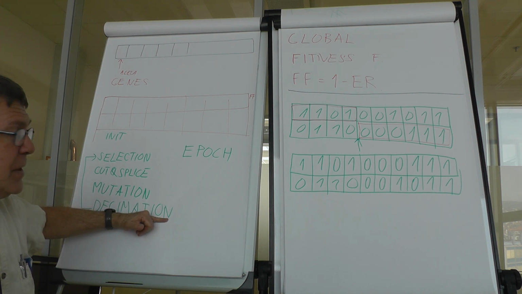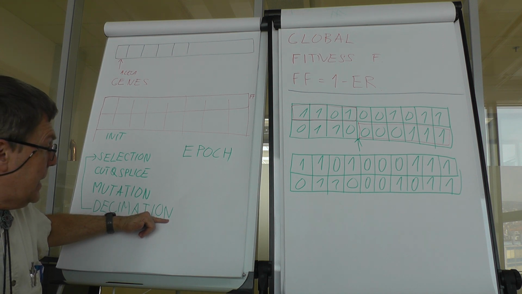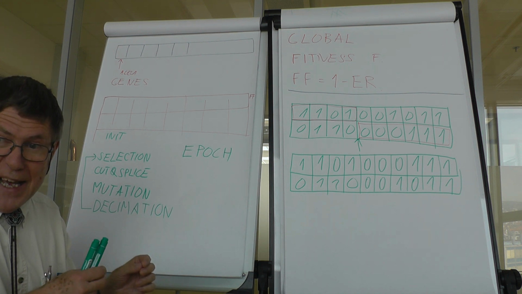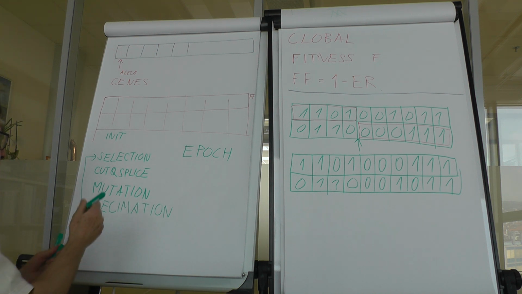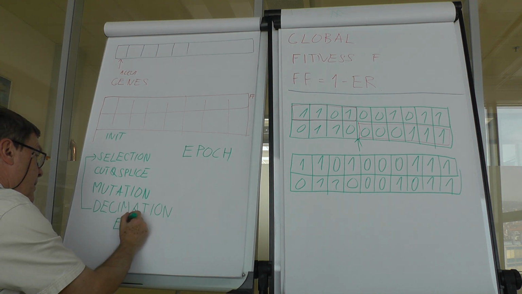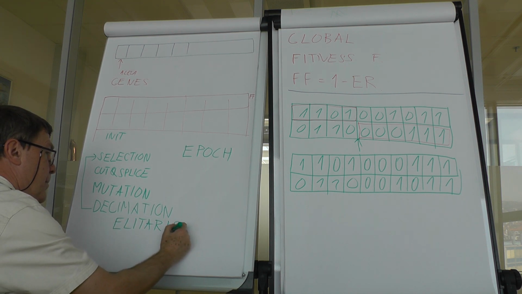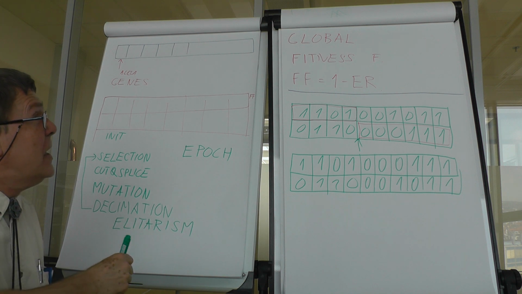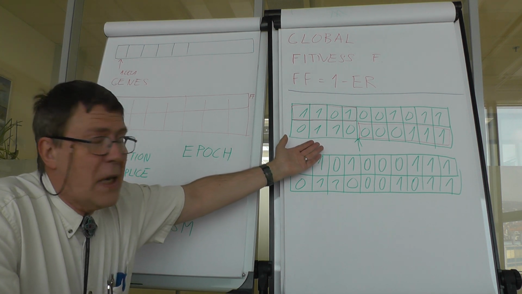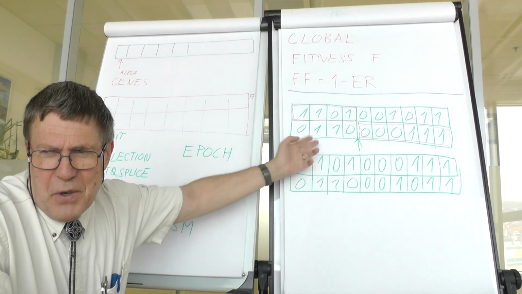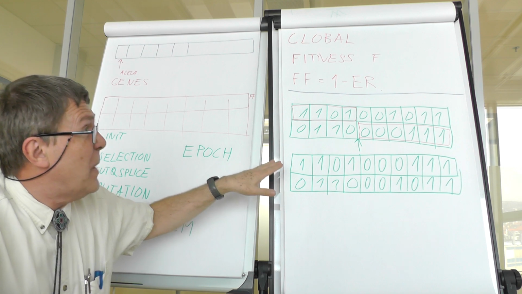As to decimation, there is one more important thing that has a special name, and that is called elitarism. Now, what does that mean? Well, look at the cut and splice method. This is something that does not work like that in nature, by the way.